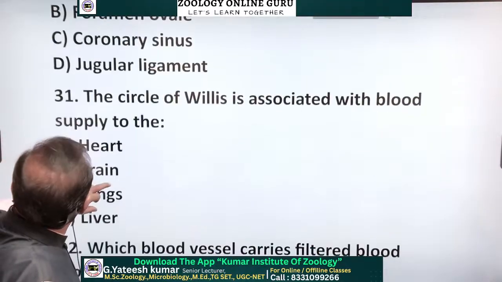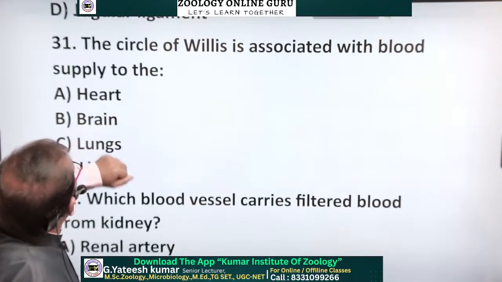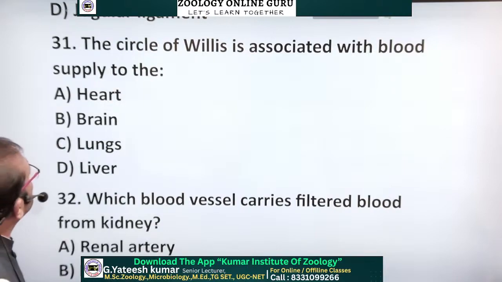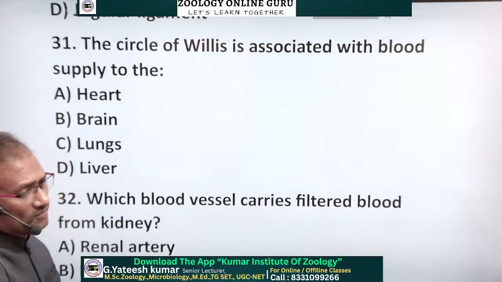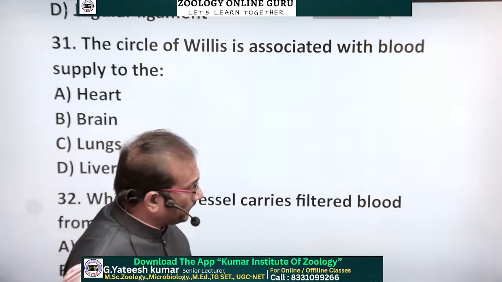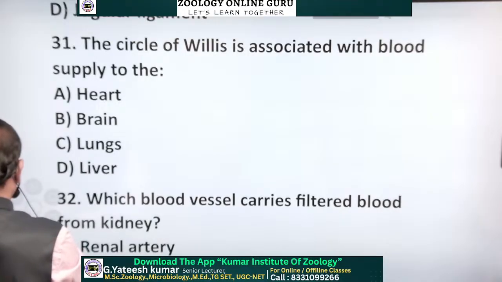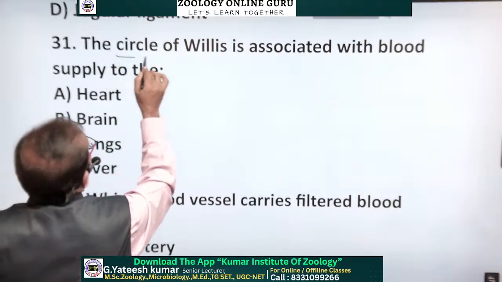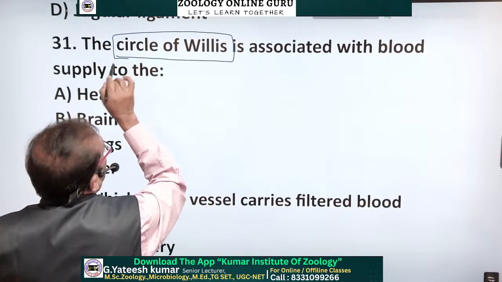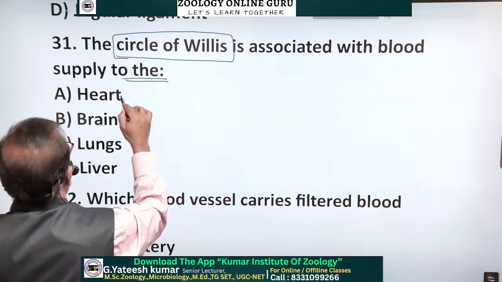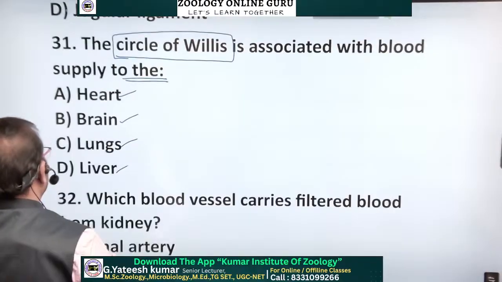Question number 31. The circle of Willis is associated with the blood supply to the heart, brain, lung, or liver.